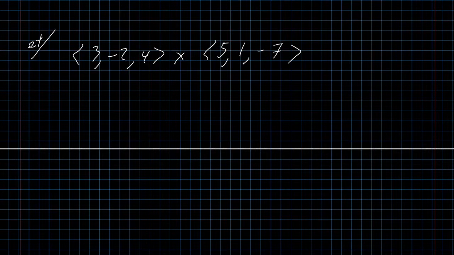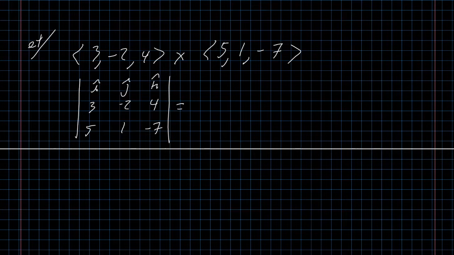Again, if you know the determinant, it's always easier. If you don't know the determinant, sometimes it's easier, sometimes it's not. But let's go ahead. This is going to be first row, i hat, j hat, k hat. Second row, 3, -2, 4. Third row, 5, 1, -7.